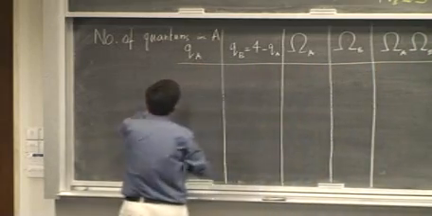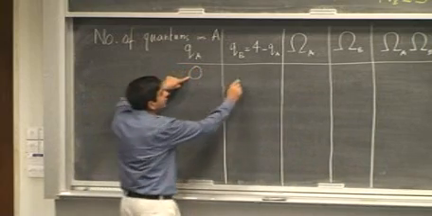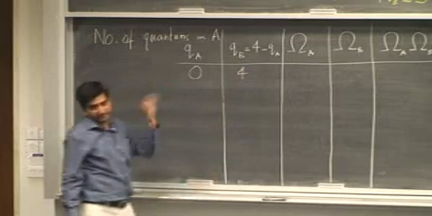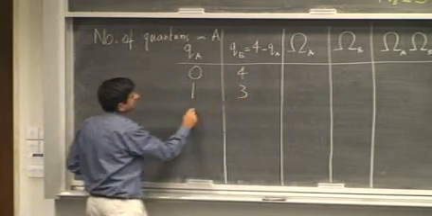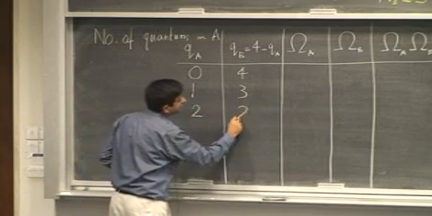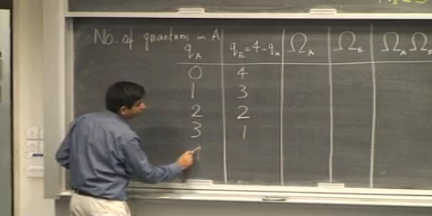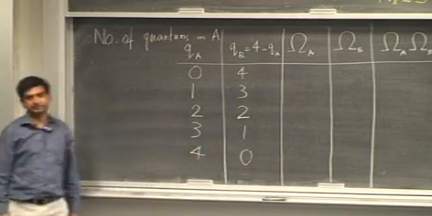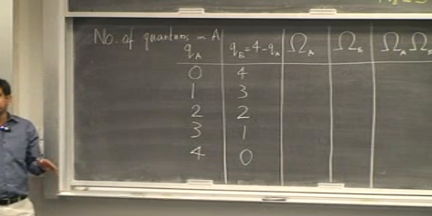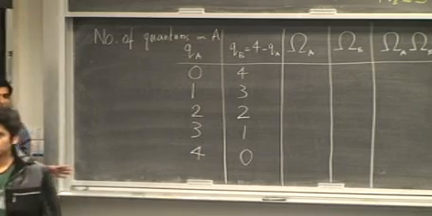So I can have 0 quantums in A, which means 4 of them will be in B. I can have 1 in A, 3 in B. I can have 2 in A, 2 in B, 3 in A, 1 in B, and all 4 of them could be in A, and there will be none in B. So these are the different ways in which energy can be distributed within the two atoms.